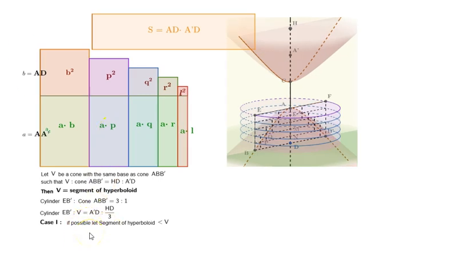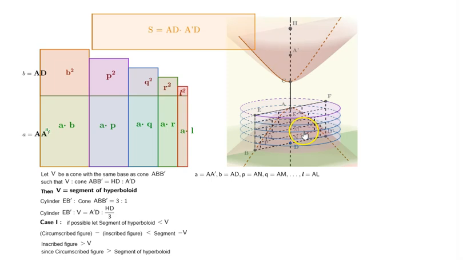Now we will circumscribe and inscribe figures around the hyperbola such that the circumscribed figure minus the inscribed figure is less than the segment of the hyperboloid minus V. Which would mean the inscribed figure is greater than V, since the circumscribed figure is greater than the segment of the hyperboloid. Now, let's extrapolate the volumes of these slices to these rectangles.